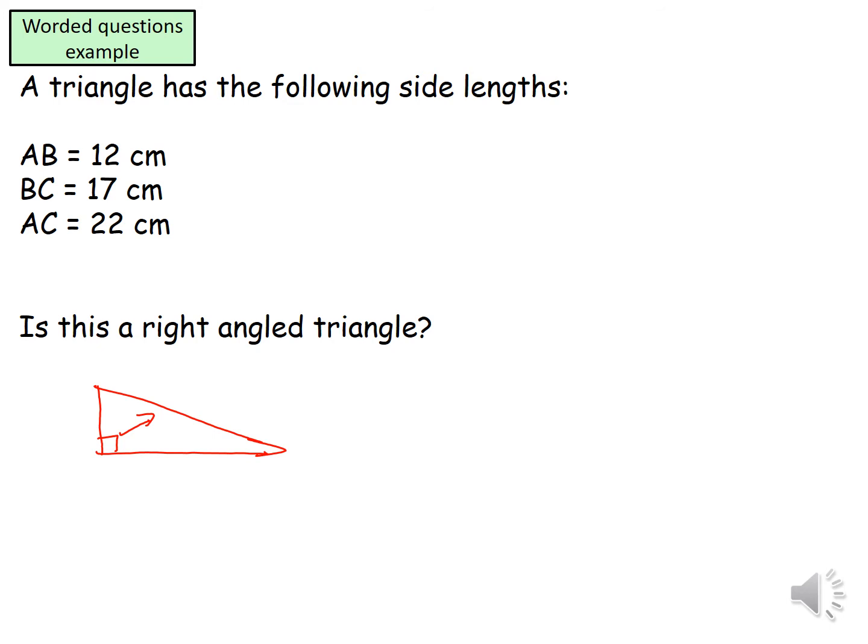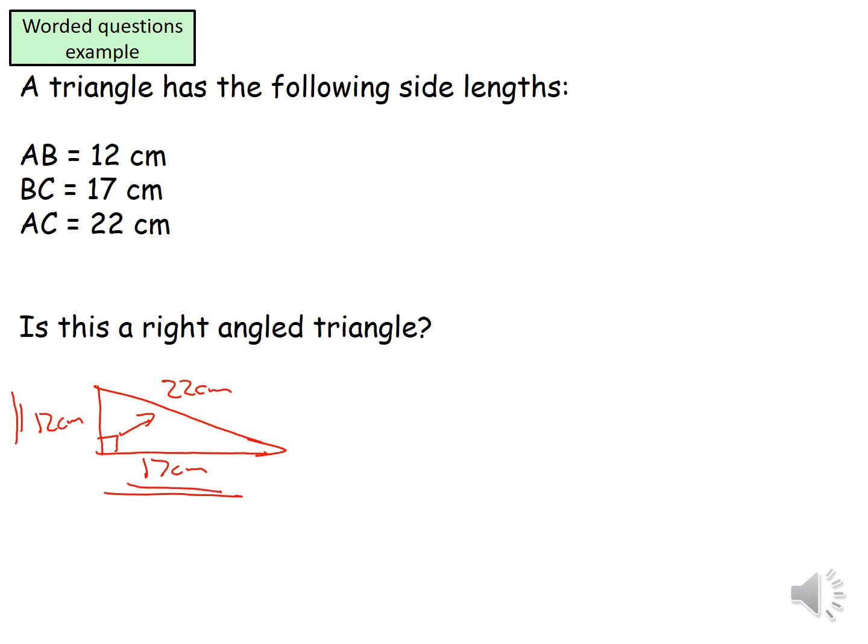So we will call this 22 centimeters, as from the 3 lengths 22 is the longest. And then the other 2 sides, we'll call that one 12 and that one 17. It doesn't actually matter which one you call 12 and which one you call 17, but as this side is longer than this side, we'll call this side 17 and this side 12.